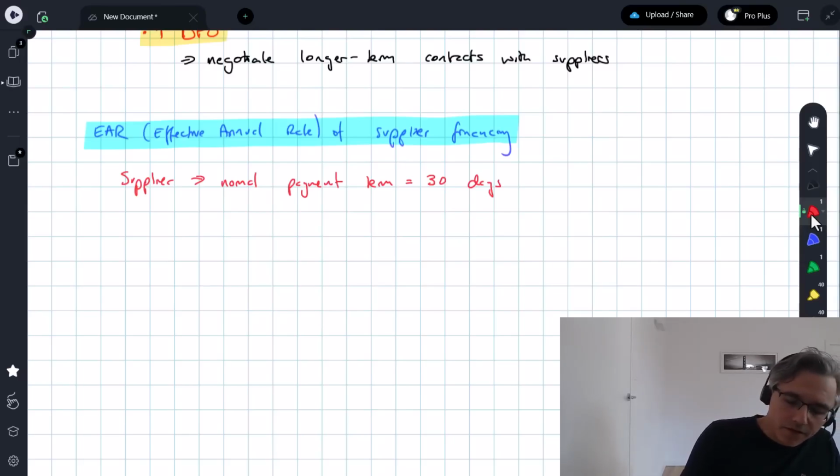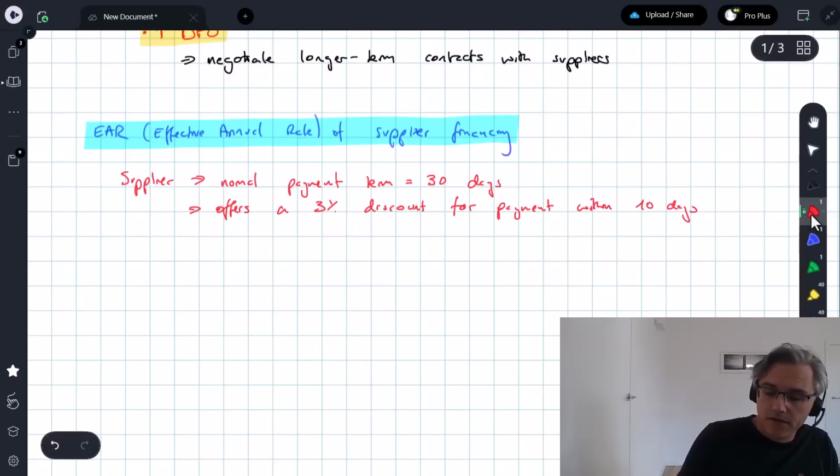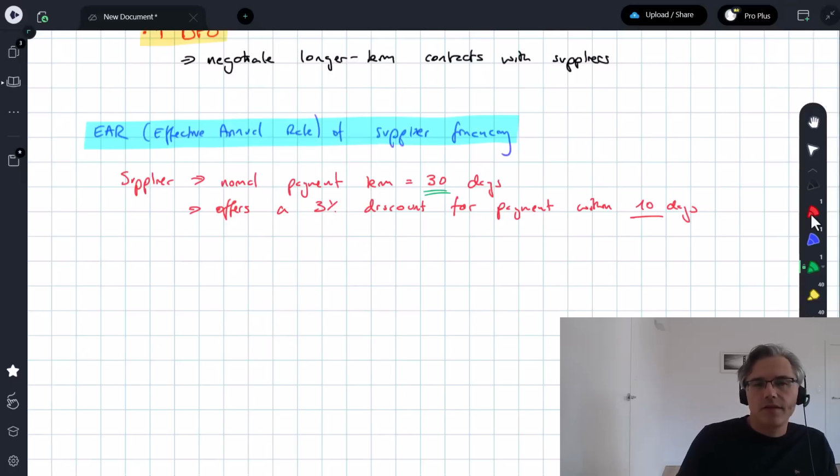But let's assume that this supplier also offers a 3% discount for payment within 10 days. So if you pay much quicker, 10 days, instead of the normal 30, you get a 3% discount from the normal price.